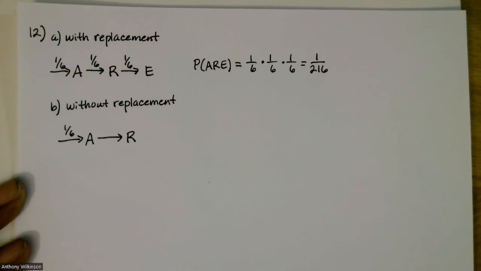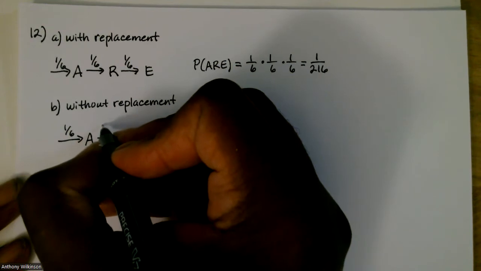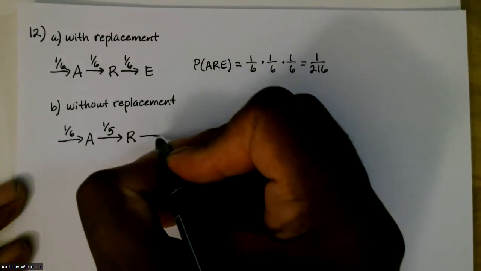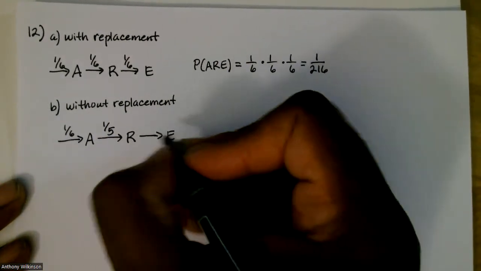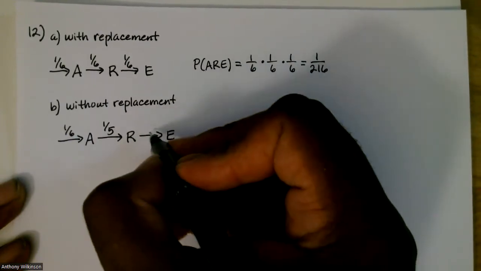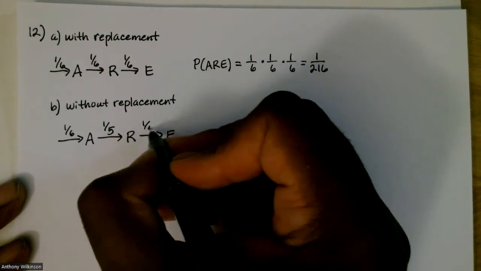I'm going to have 5 letters, because whatever I pick on the first draw won't go back in when I make my second pick. So it'll be 1/5 for the probability of selecting an R. And then the denominator will drop, because now I'm going to have 4 letters to choose from instead of 6. And the probability of selecting an E would be 1/4.